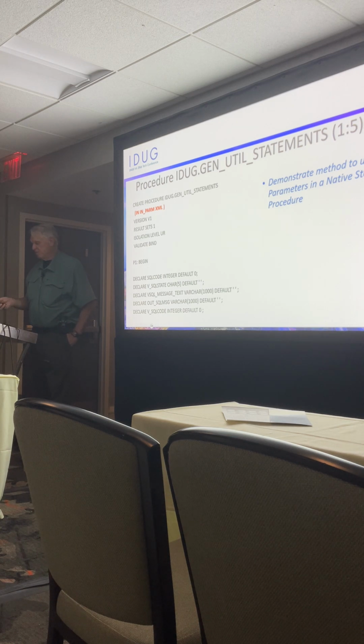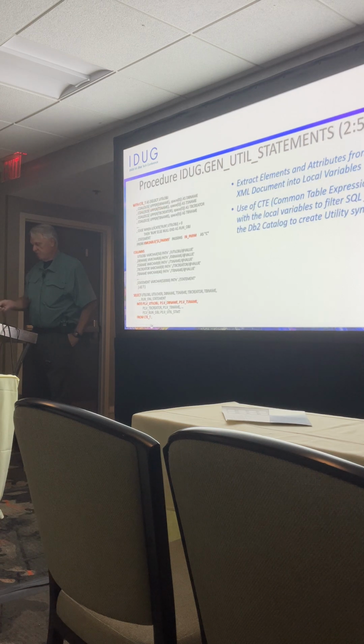So the first part of the procedure is to turn that XML in parm, over right here, into variables. It would decipher, and whichever variables were not null would then have a valid value. In the rest of the procedure, you could then use the P1 variables as input to getting data out of the catalog to figure out which table space it was, things like that.